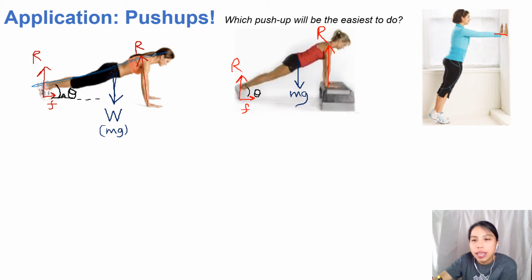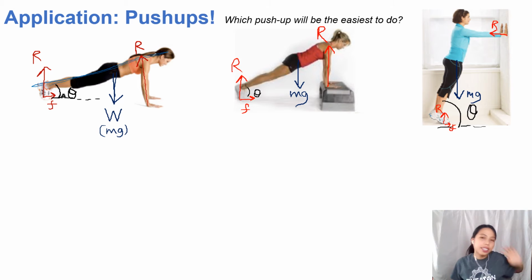So you have some bit of reaction. Some bit of reaction here. Friction is probably just almost zero, but just a little bit. Friction, R. And a huge angle now. This whole thing is theta. And weight. Oh my goodness, forgot weight. Weight, mg. Okay, so that's how we draw free body diagrams, literally on the body.